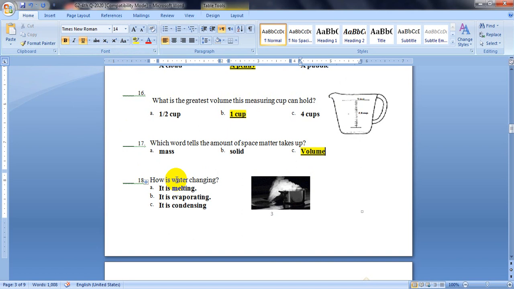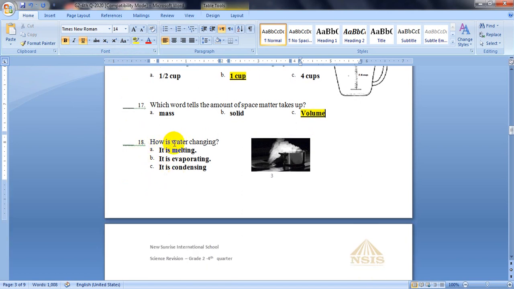The next question, number 18. How is water changing here? It is melting, it is evaporating, or it is condensing. Here the water is boiling and there is some water vapor, which is a gas flying up.